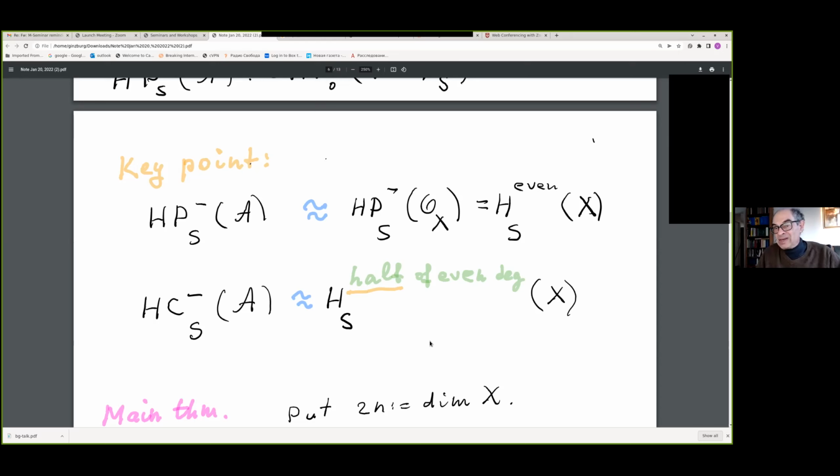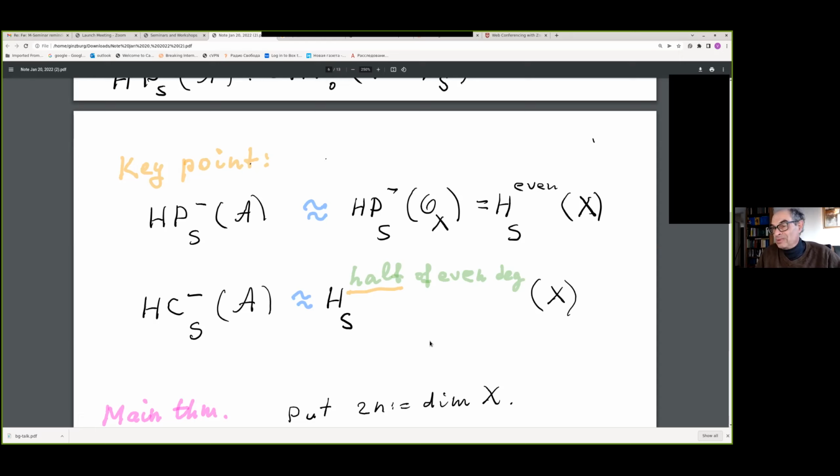For the periodic cyclic homology, essentially nothing happens. Periodic cyclic homology of the classical algebra OX is the same size as periodic cyclic homology of the quantized algebra. And moreover, it is a standard, well-known result that periodic cyclic homology of OX is actually the usual cohomology of X in the topological sense.